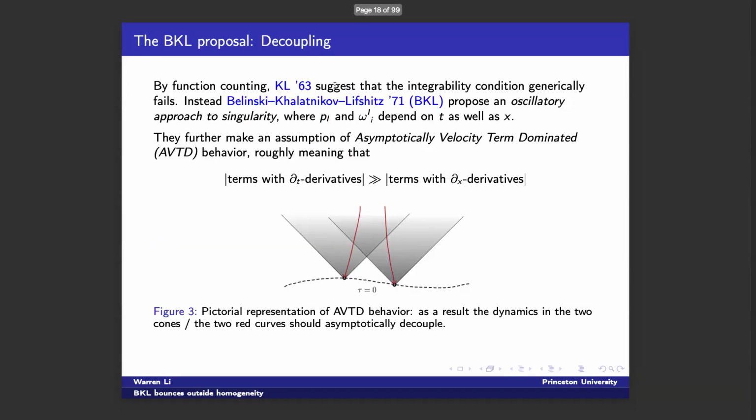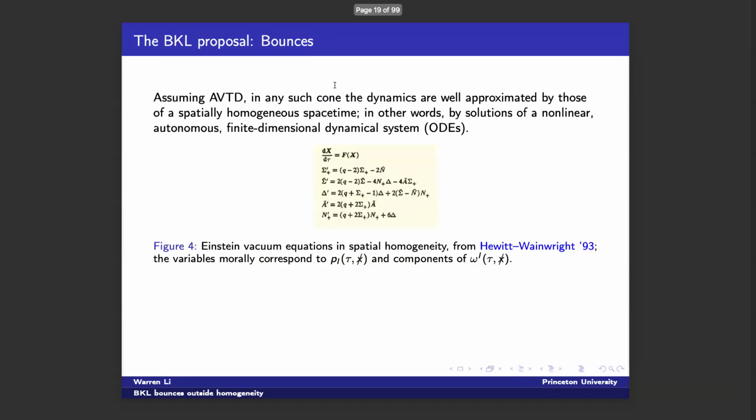Okay, so let's just make this assumption, and let's make it in a very strong way, in that we just write down the Einstein equations in this gauge, and we just throw away the x derivative terms. Then what that actually means is that we have a spatially homogeneous system, right?